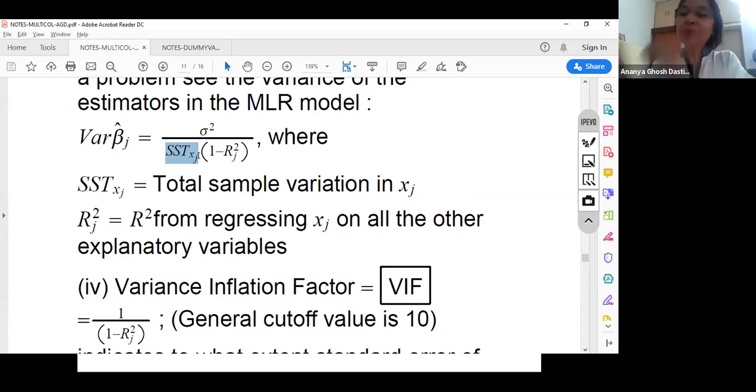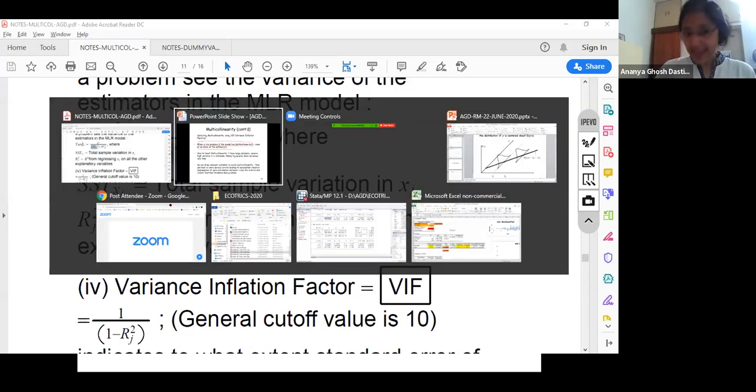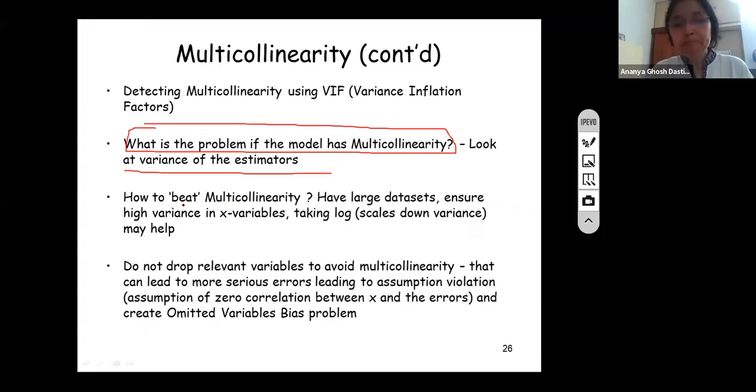Now what not to do when you have multicollinearity, let's also talk about that very briefly. As I said, if you want to beat multicollinearity, try and have large data sets which ensure very high variance in your X variables. Now, here is a word for those of you who are thinking of primary research.